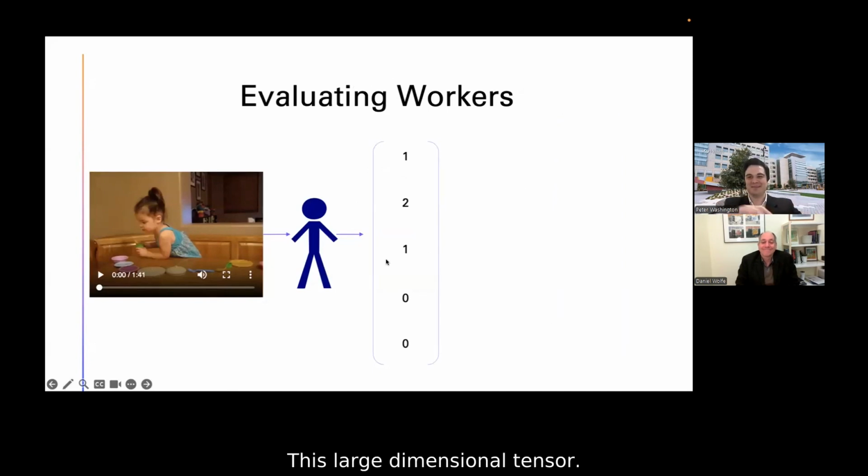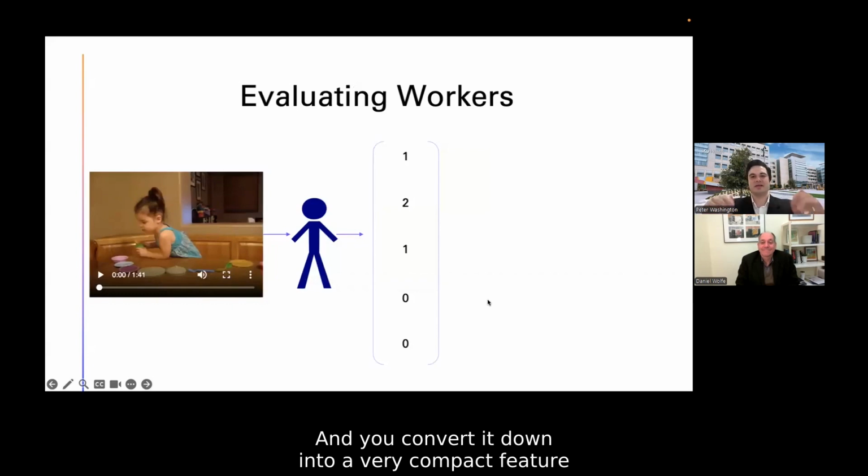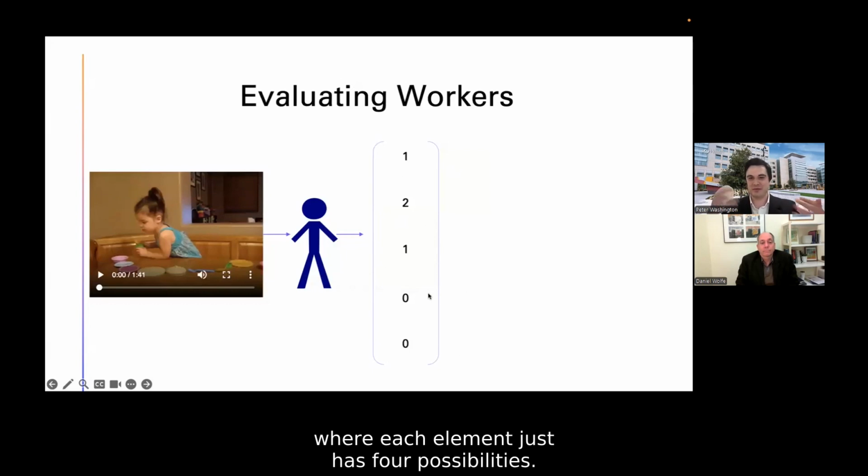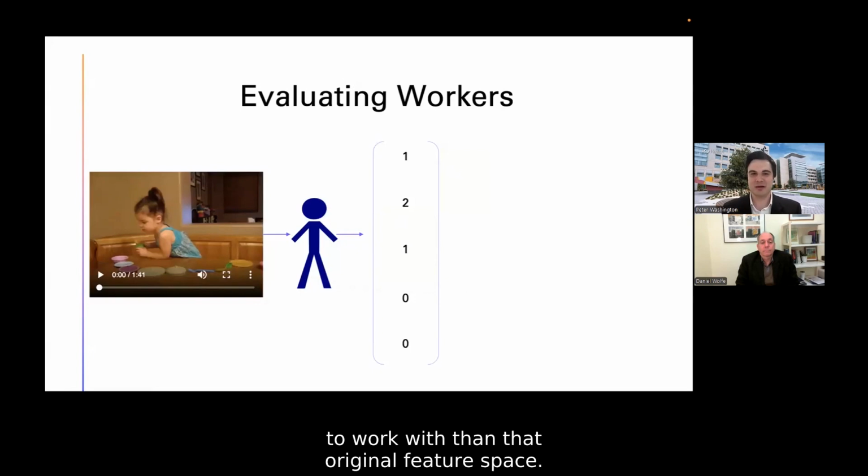This is the large dimensional tensor, and you convert it down into a very compact feature representation space of, in this case, a one-dimensional vector where each element just has 4 possibilities. So that's much easier for machine learning models to work with than that original feature space, and much less prone to overfitting and all that kind of stuff.